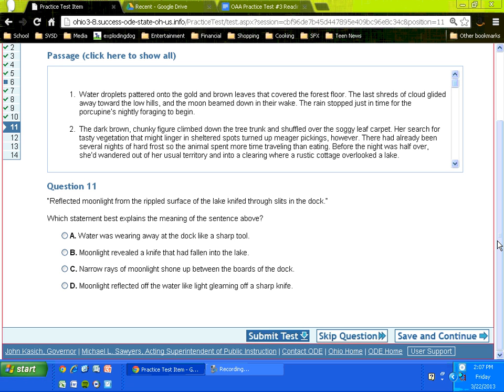Sierra, can you get rid of one of those for me, please? Yeah, that's the first one. Why is that going away? Knifed is being used in what sense? Sierra, do you know what part of speech or what figure of speech is being used? It's not really a knife.